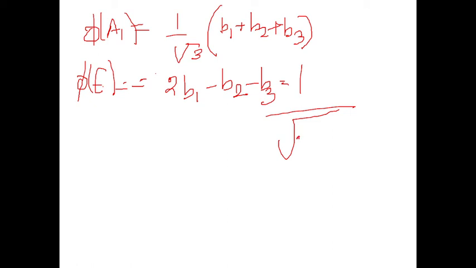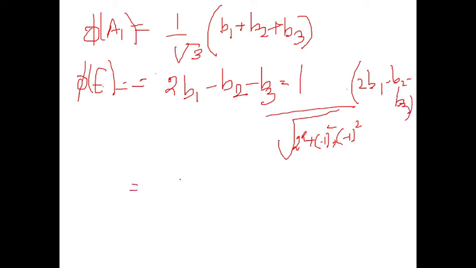So it is 1 divided by the square root of 2 squared plus minus 1 squared plus minus 1 squared, into 2b1 minus b2 minus b3, right?